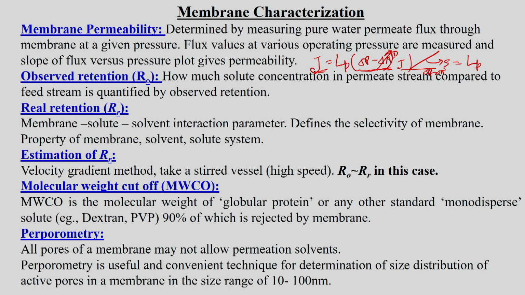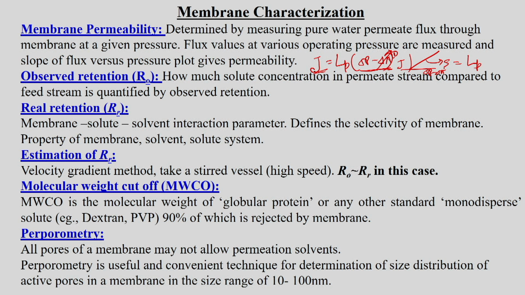Then another important characteristic is molecular weight cutoff. Molecular weight cutoff is the molecular weight of a globular protein or any other standard monodispersed solute, like dextran, PVP or PVA, 90% of which is rejected by the membrane; that corresponding value is termed the molecular weight cutoff.